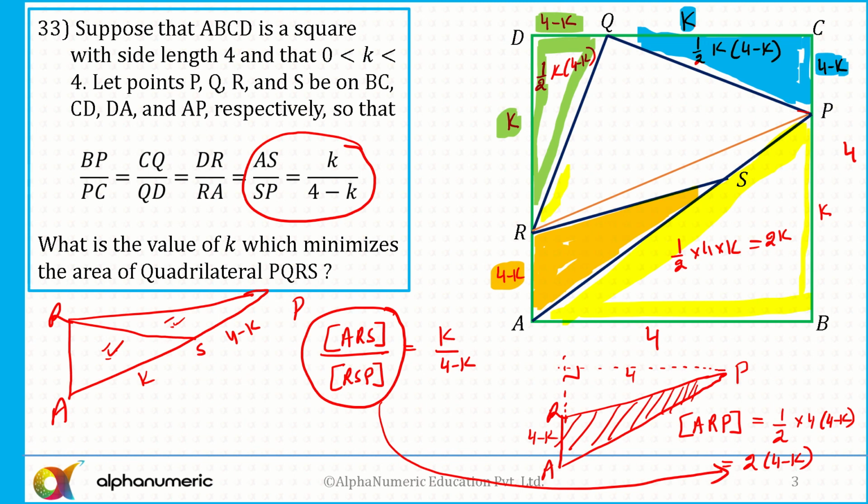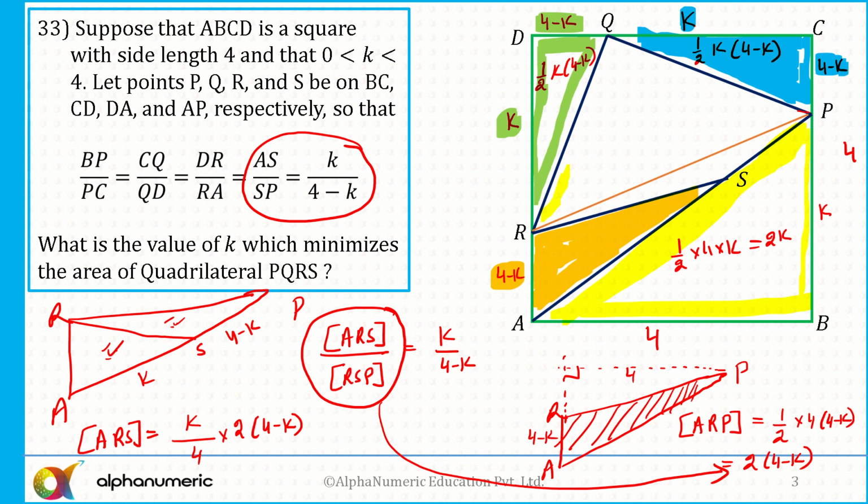Okay. So what is the area of the triangle ARS? That will be equal to K upon the sum of the ratios, which is 4, into twice of 4 minus K, the total area of these two together.